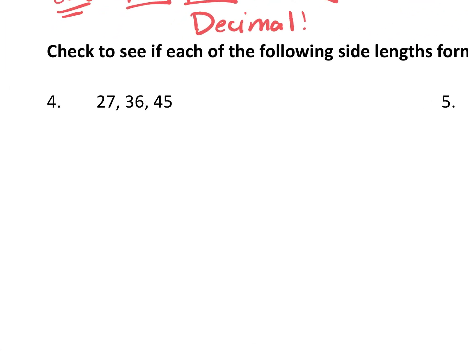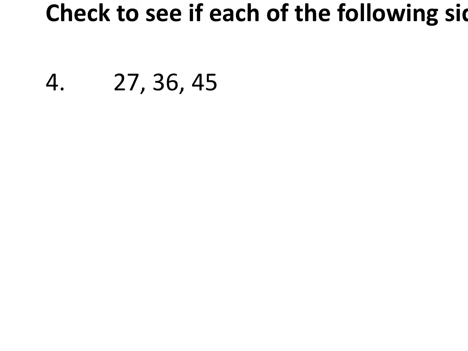Let's start with number 4, where we have sides 27, 36, and 45. What we know about c squared is that it is the longest length of the triangle.